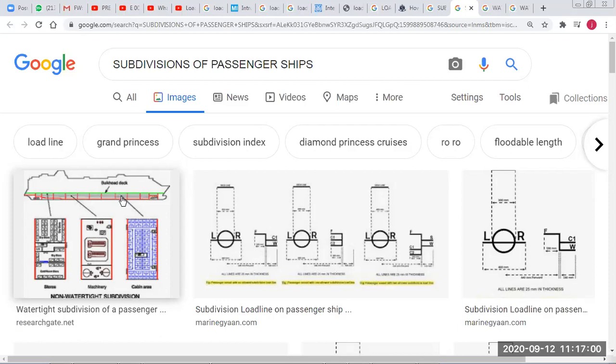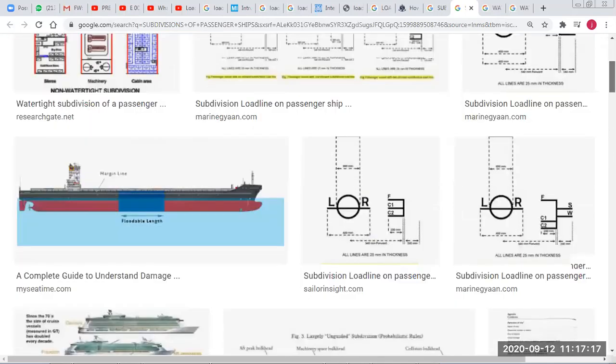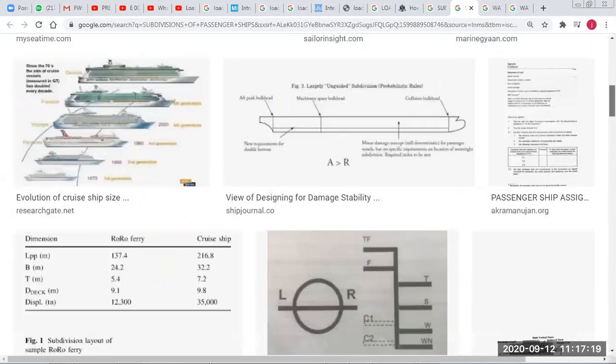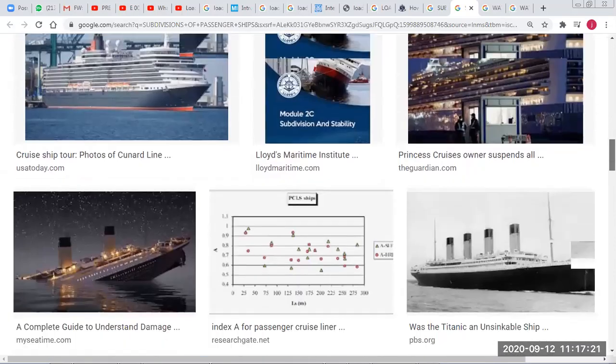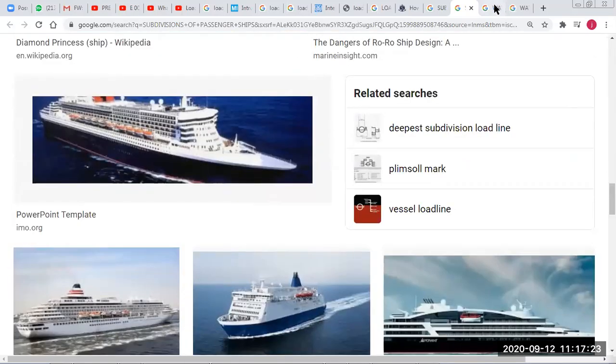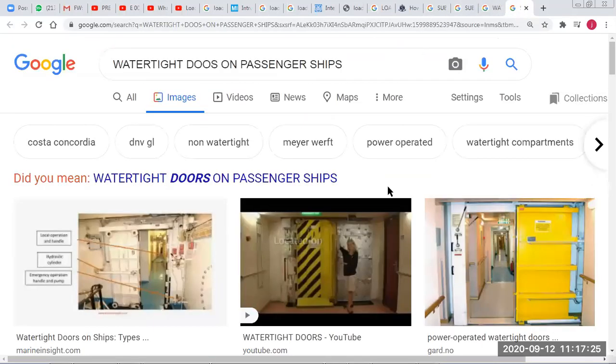Now with these subdivisions, of course, if it is totally enclosed, people cannot go from one place to another. So to have access from one place to another, we have doors, but these doors again have to be watertight. So there are different watertight doors. These are different passenger ships with subdivisions, and these are the watertight doors on each ship.